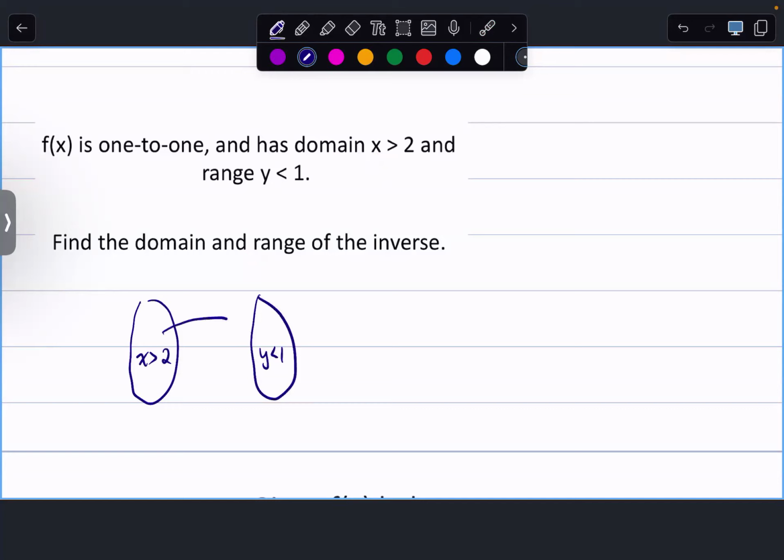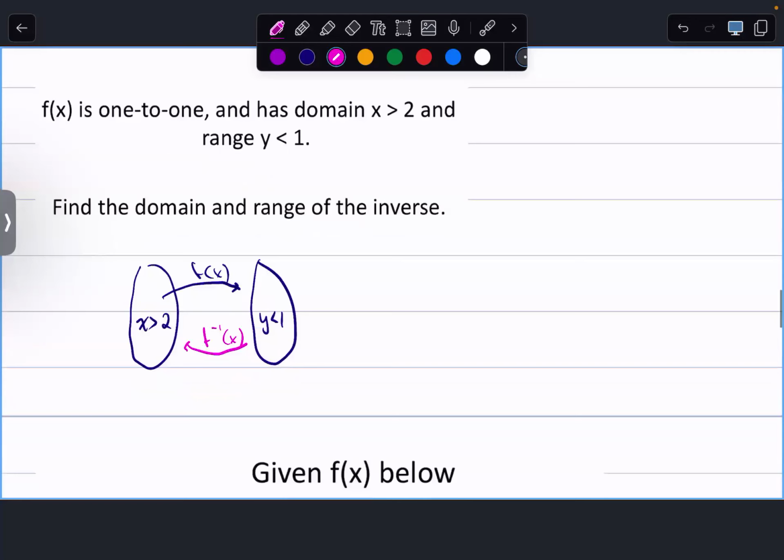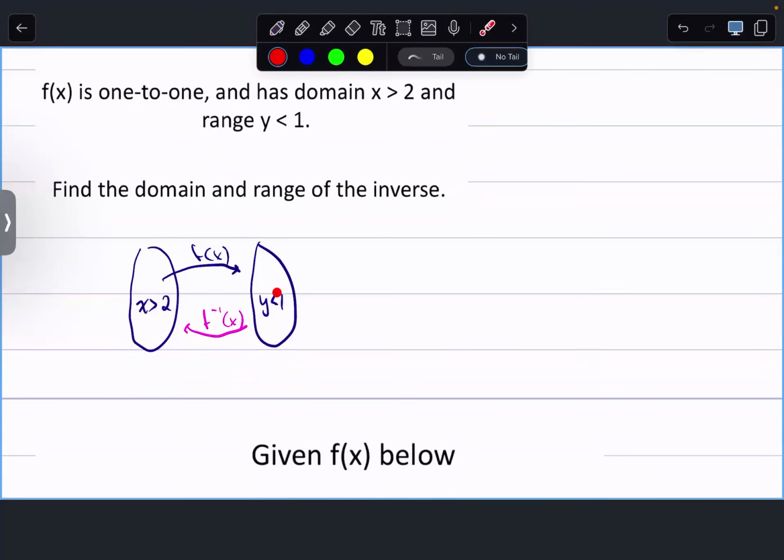So f of x goes this way, but the inverse goes the other way, and we're told that it's one-to-one, which means that the domain then is that y must be less than 1, and the range of the inverse must be that x is greater than 2. So you just flip them.